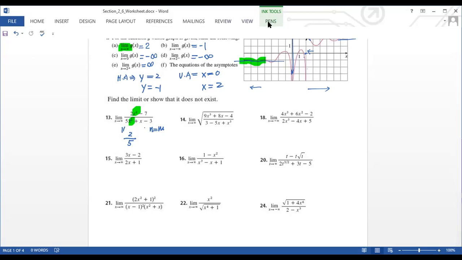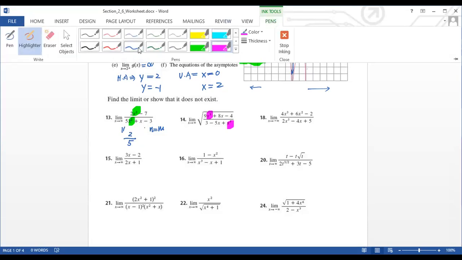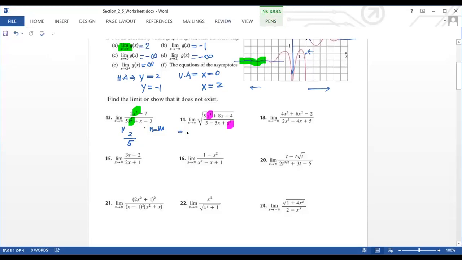Now let's take a look at number 14. It's inside the square root. Inside the square root, the highest power is x cubed. So I can take the limit inside, as x approaches infinity, of (3 minus 5x plus x cubed) over (9x cubed plus ax minus 4).